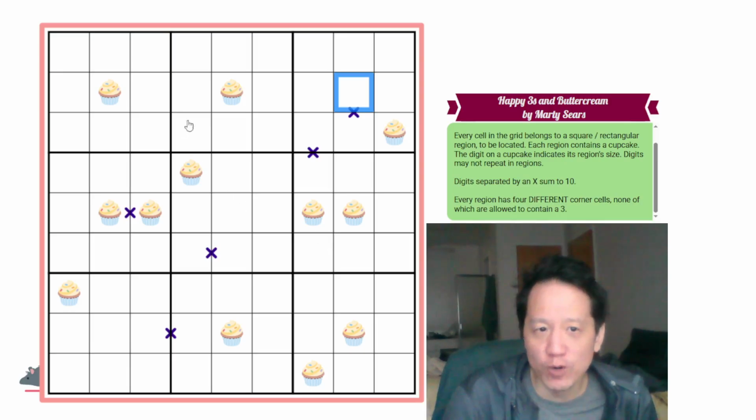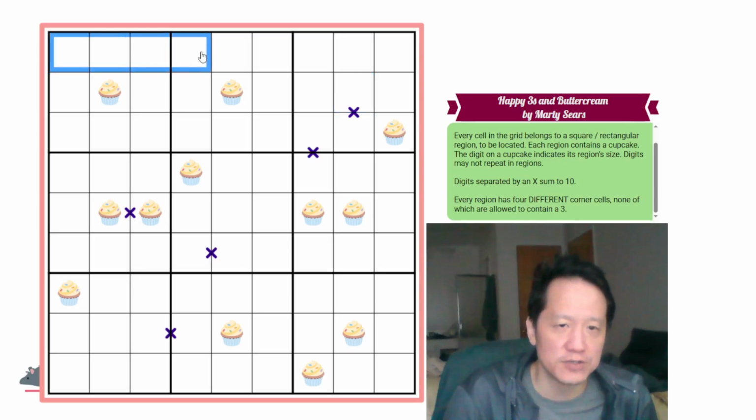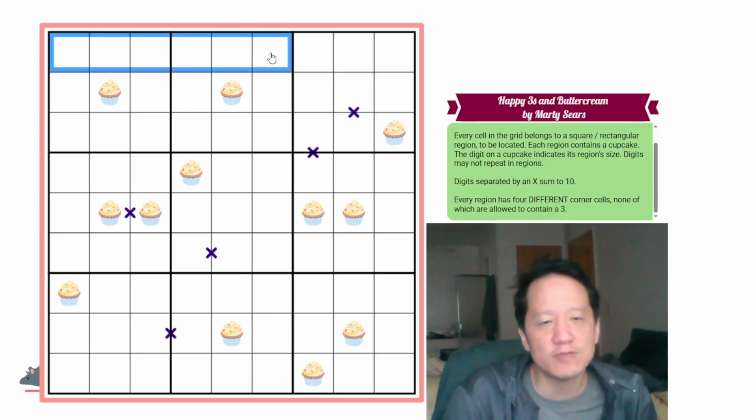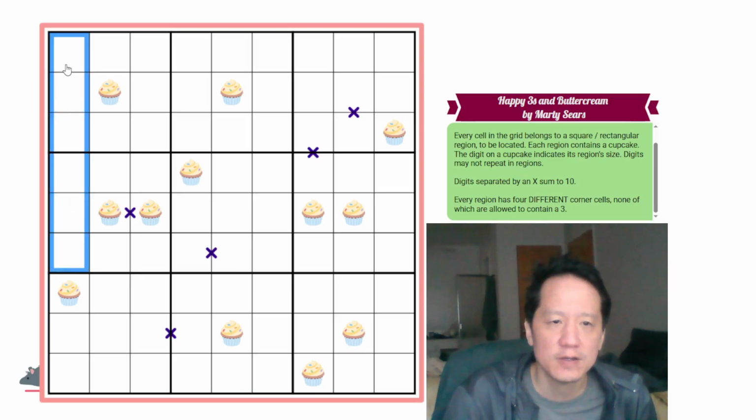Okay, so for one thing, every region has 4 different corner cells, which means you can never have a region that is of length 1 or of width 1, right?